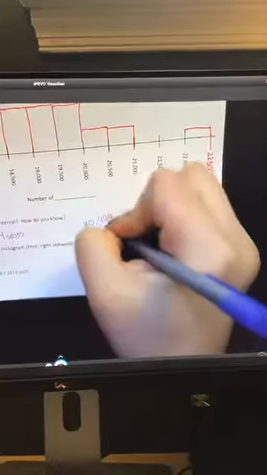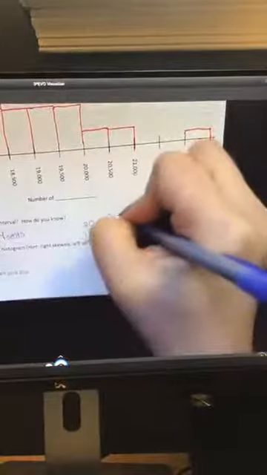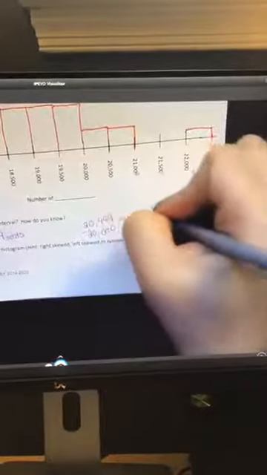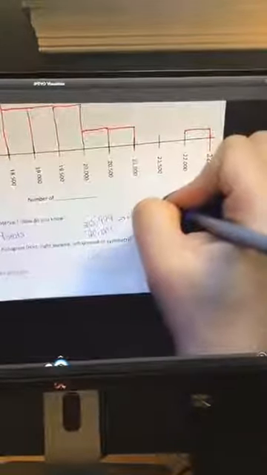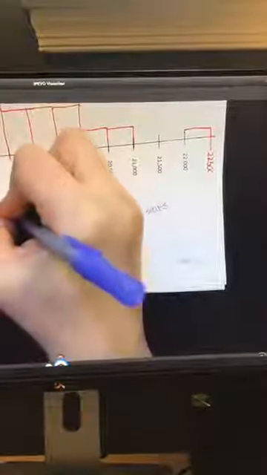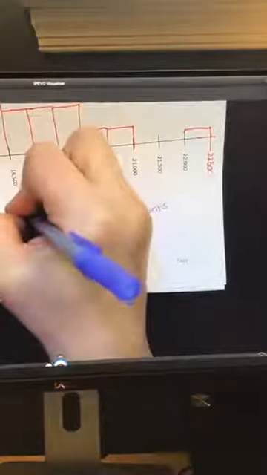We're going to subtract 20,000, and then that gives us 499 seats. So each interval is 499 seats.